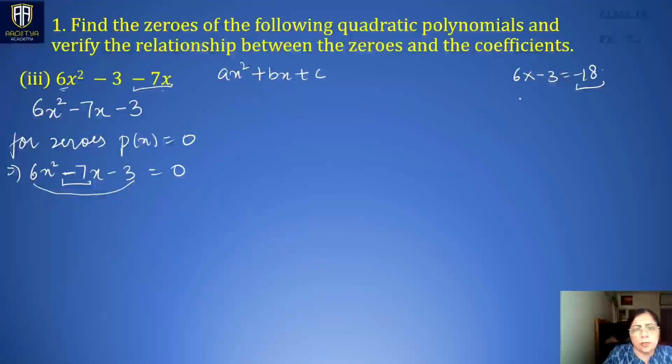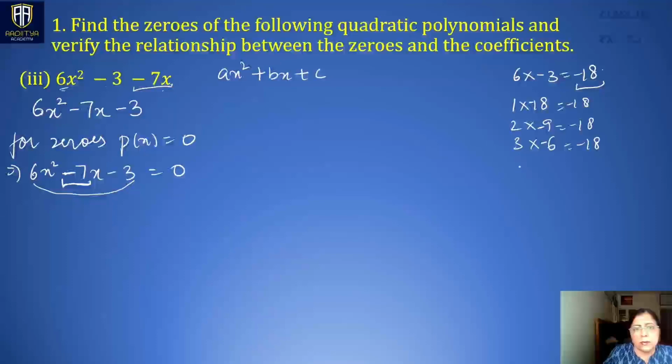So I make the factors of 18. It is 1 into 18, 2 into 9, 3 into 6. We can have only these 3 factorizations. For the sum to be negative, I keep the larger number negative in all the cases. The product in all the cases is negative 18.